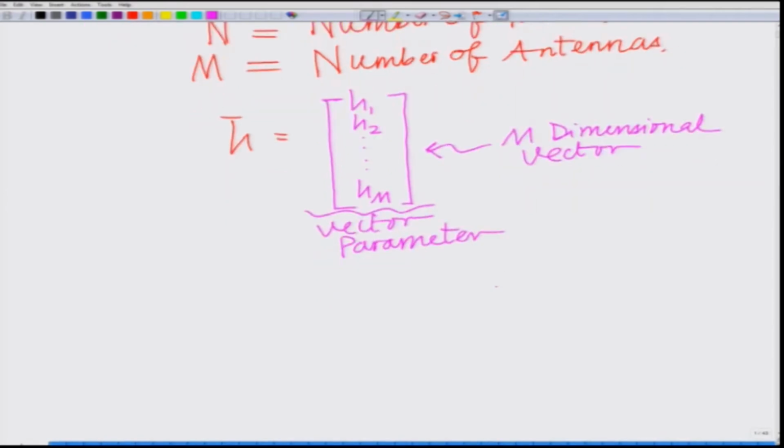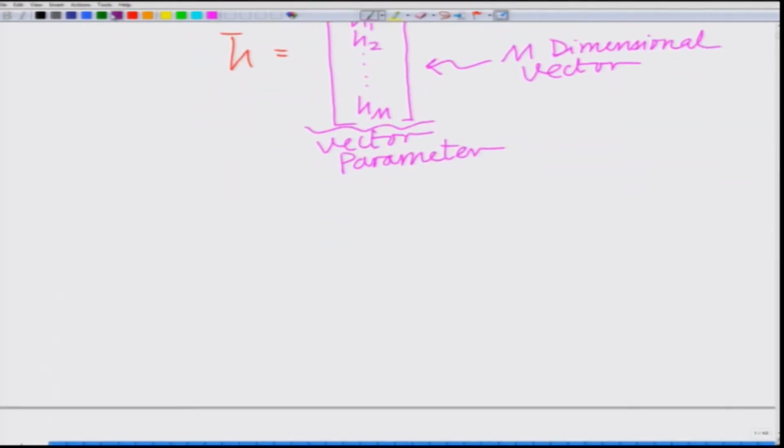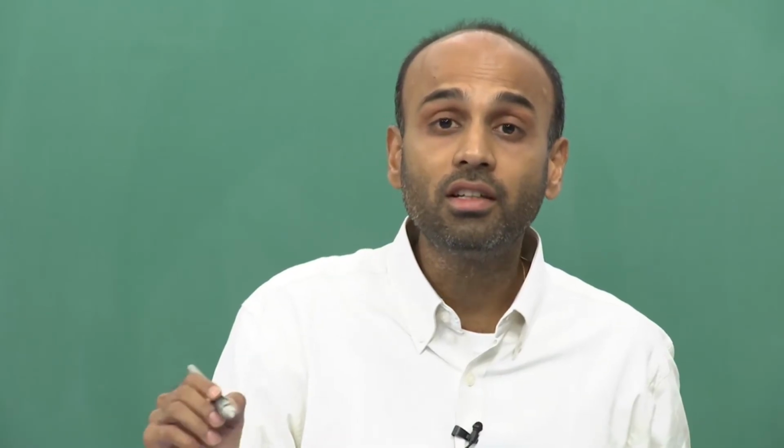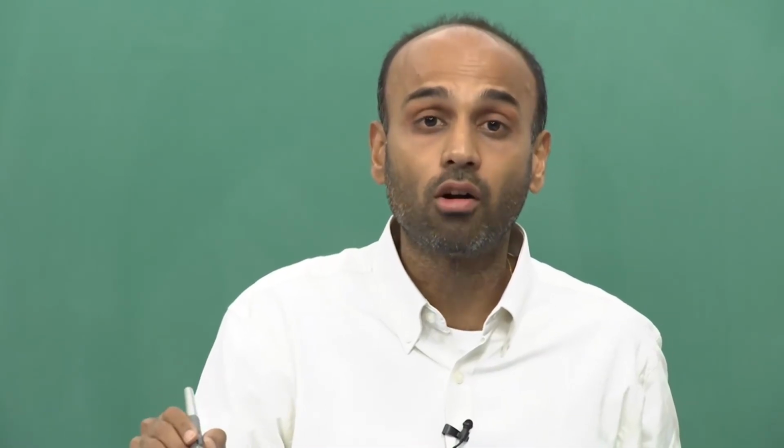And further, we are considering a Bayesian vector parameter in which we are assuming each coefficient Hi to be Gaussian in nature with 0 mean and variance sigma h square. Alright. So, this is a Bayesian MMSE estimation scenario. Alright. So, there is some prior information about these channel coefficients or this channel vector to be estimated.